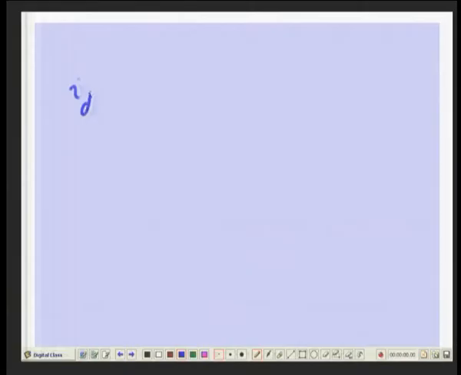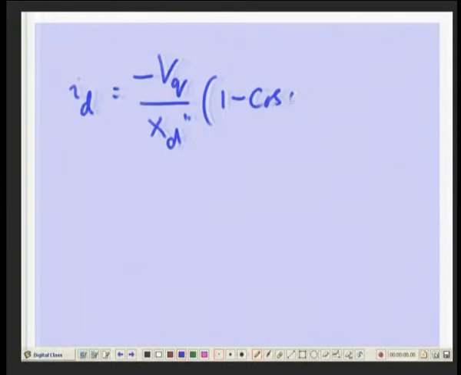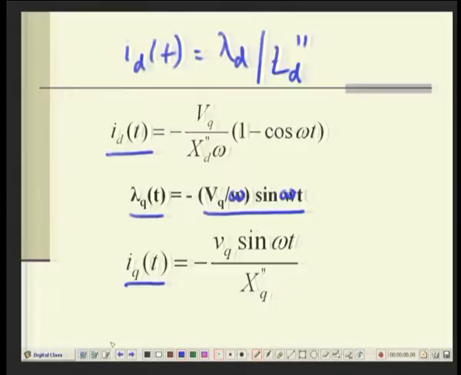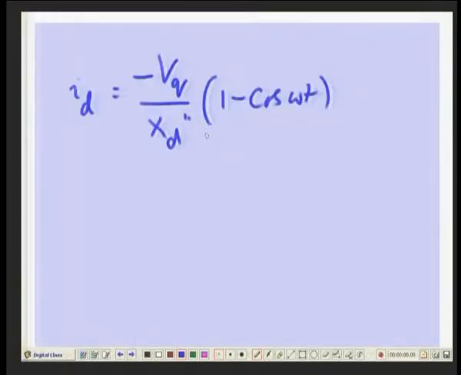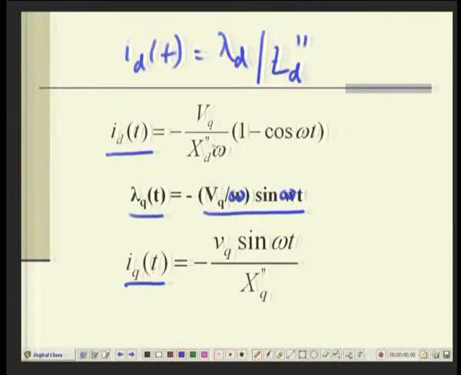So what do we have? We have ID is minus VQ by XD double dash into 1 minus cos omega t, isn't it? I hope that is the... I think sorry, this omega should not be there.